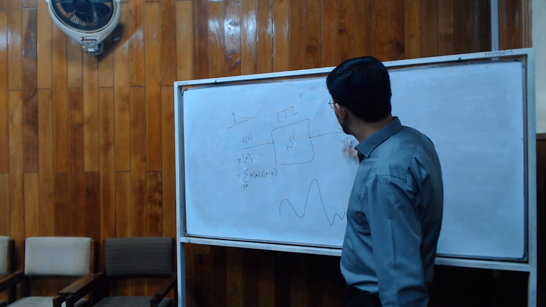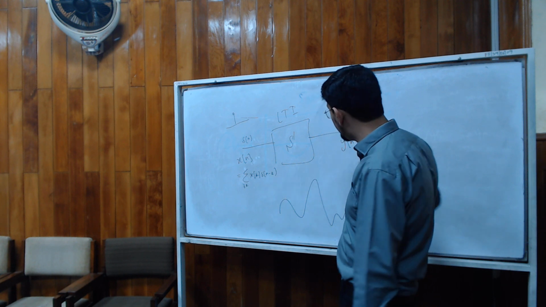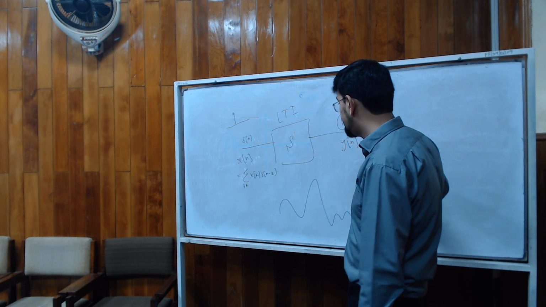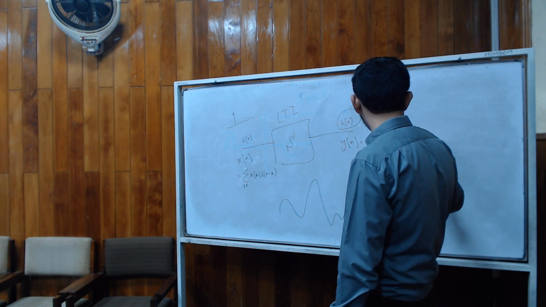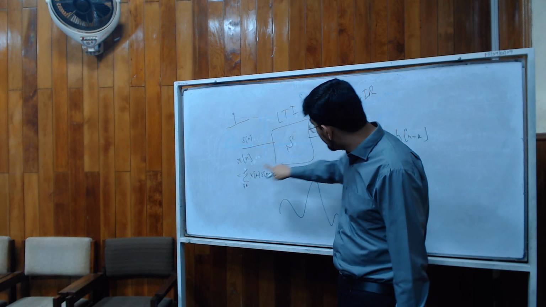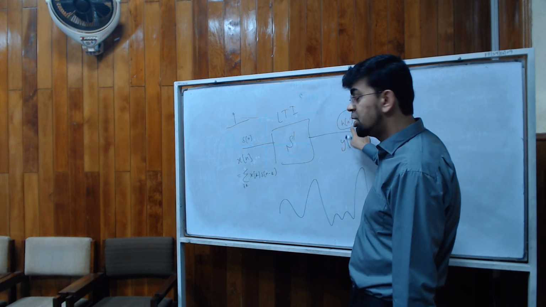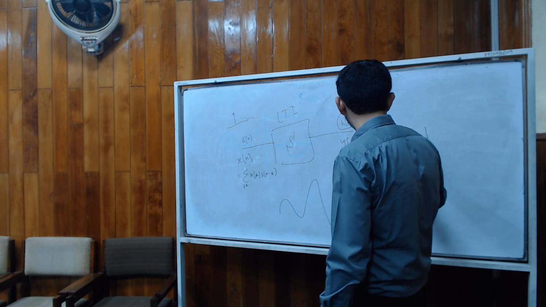क्या होगा? Since delta n leads to hn, then shifted delta n will lead to shifted hn. Yes, hn minus k. Scaled delta n will lead to scaled hn, which is because of LTI. So same scaling apply होगी.